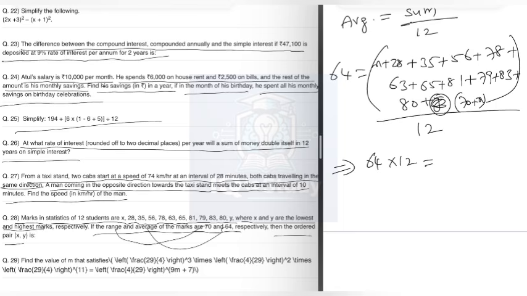Sixty-four into 12 is equal to x plus 70 plus 648.